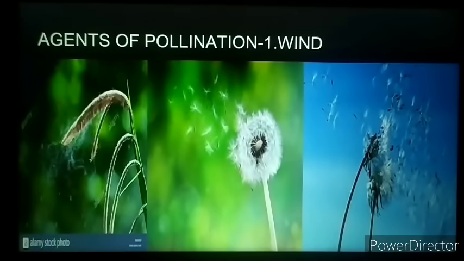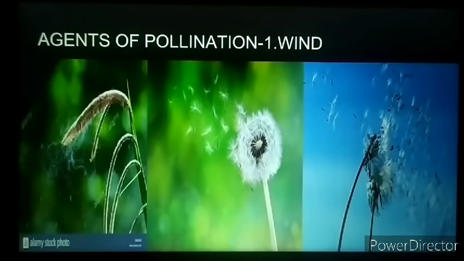Then the anthers produce a large quantity of pollen grains. What is the reason to produce a large quantity of pollen grains? Any idea? Any guesses? Yes, it produces a large quantity of pollen grains because, as you know, the agent for pollination is wind.